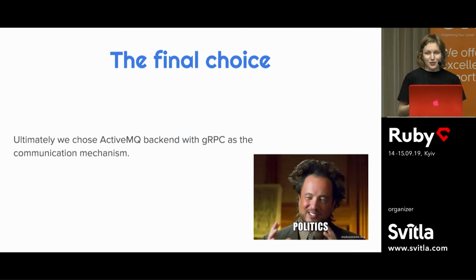We made this choice, well, you need to understand how our kind of corporation works in this way. By the way, I'm an outsourced developer, so I can't really affect the choices. And the company I'm working for consists of several departments. One of them is the DevOps department. And those DevOps guys already had some experience with Golang.